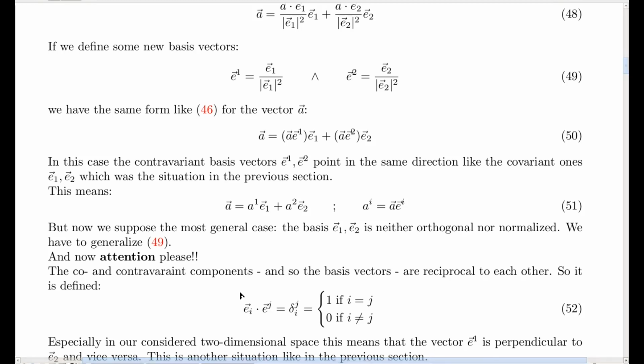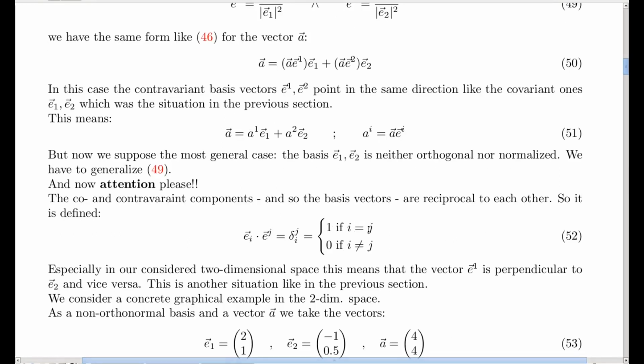Especially in our considered two-dimensional space, this means that the vector E1 contravariant is orthogonal to E2 covariant and vice versa. And this is another situation than in the previous cases.